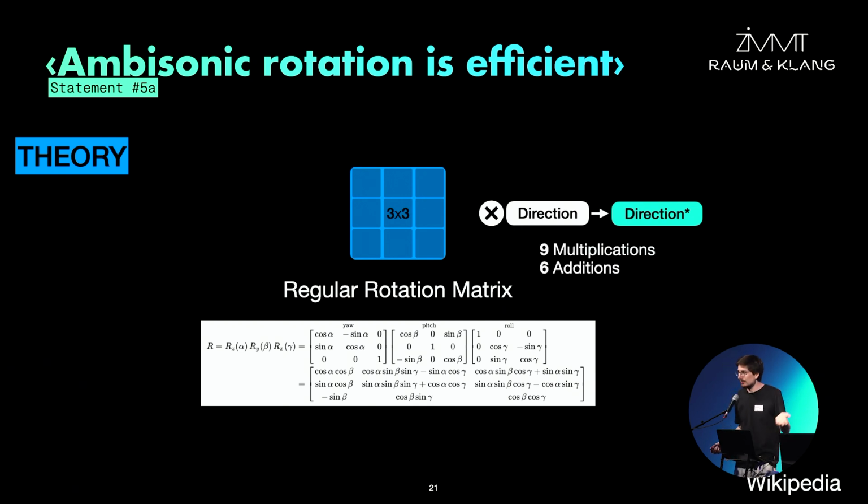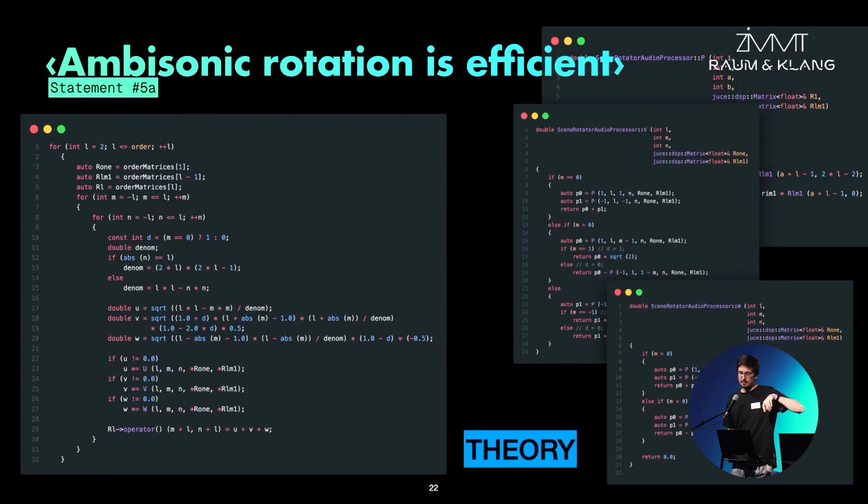And in that case, we would have 9 multiplications and 6 additions. And the other matrices, the bigger ones, you would get with code like that. You don't need to read it. It's from the IEM plugins. I just want to show you that it doesn't come for free. You have to do additional work to get these 5 by 5 matrices, 7 by 7, and so on.